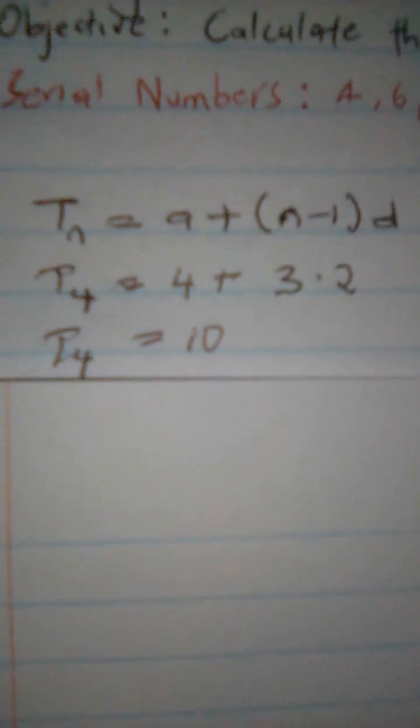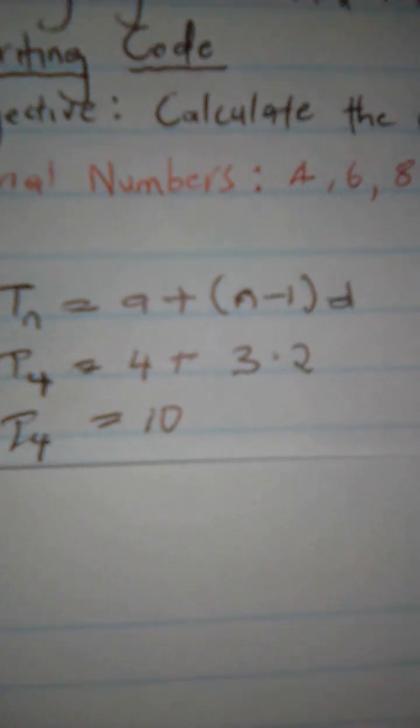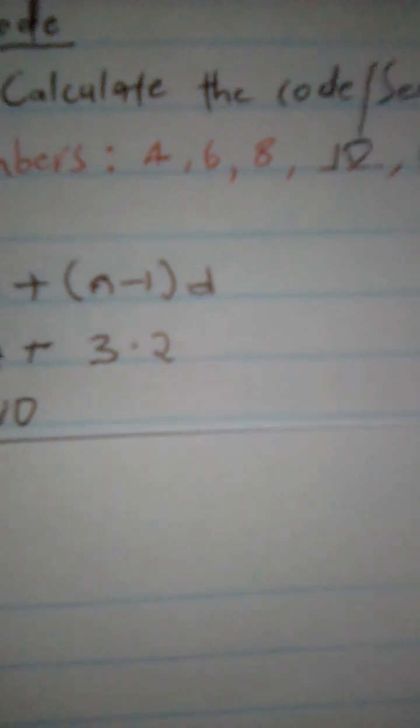So the fourth term in this sequence is going to be 10. Let's just go and complete it. So the sequence is 4, 6, 8, and it was missing 10. So we filled that in.